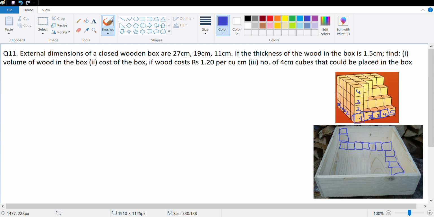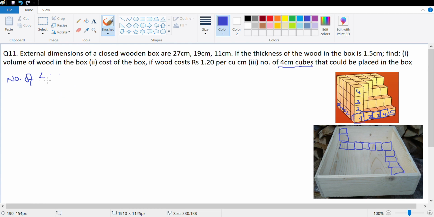So let's figure out how many 4 centimeter cubes can fit in this full wooden box. So number of, let's write it, not boxes, these are 4 centimeter cubes. So let's just write number of 4 centimeter cubes. Easier to understand for the person who will check your answer.